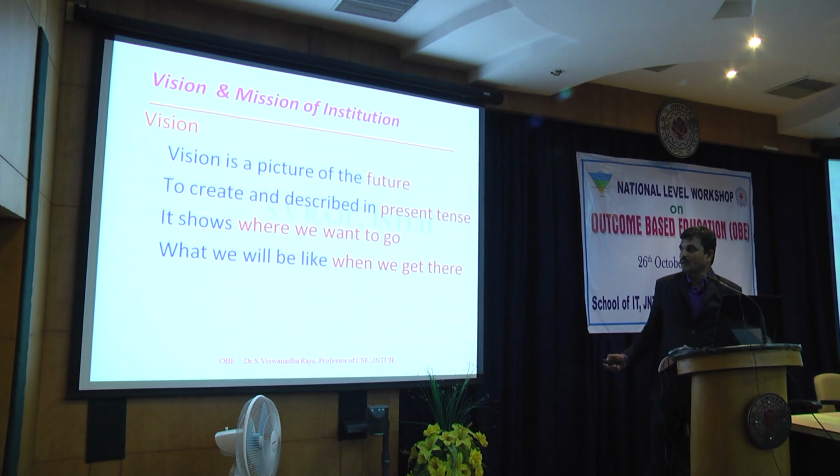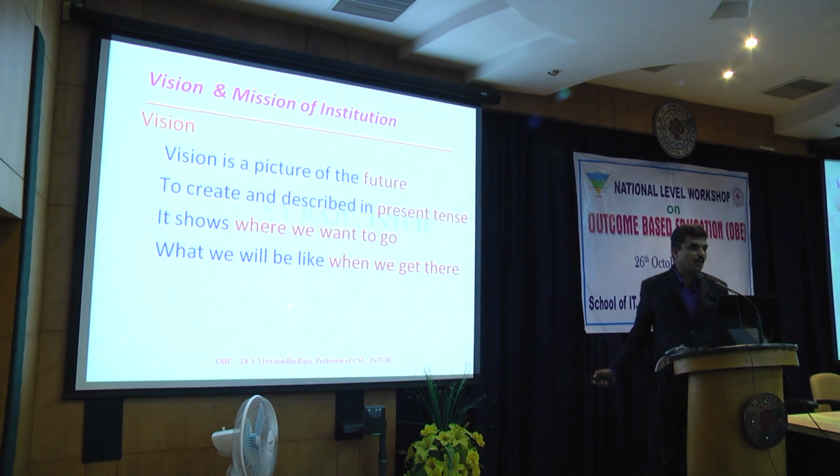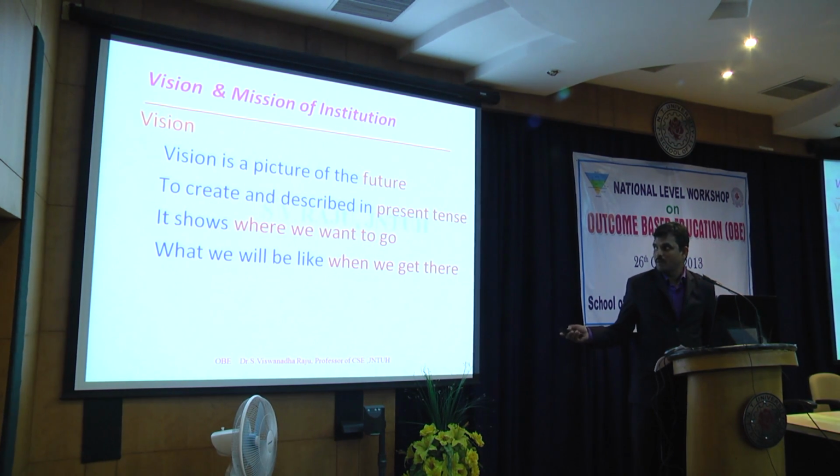Then it shows where we want to go. This point also has to be highlighted in the vision. And next, what we will be like when we get there. These four components play the key role in a vision. Apart from this, you can add some more components also. This is only a sample I have given.